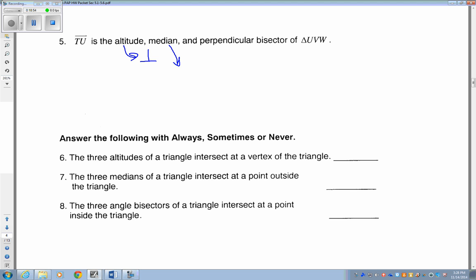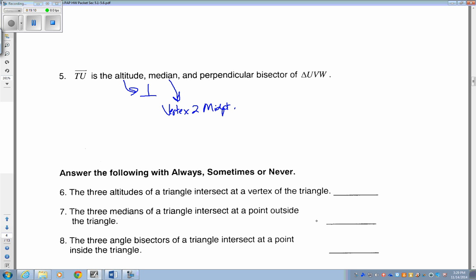What's a median? What makes it special? Vertex to a midpoint. Yeah, you can look at it that way, because it's going to be perpendicular and it's going to use the midpoint.